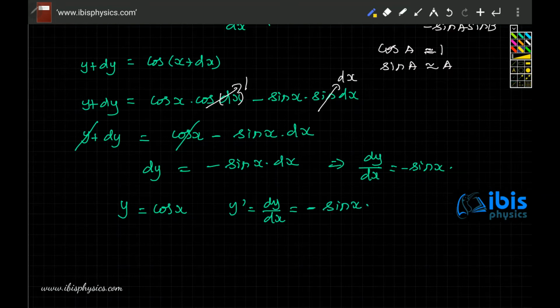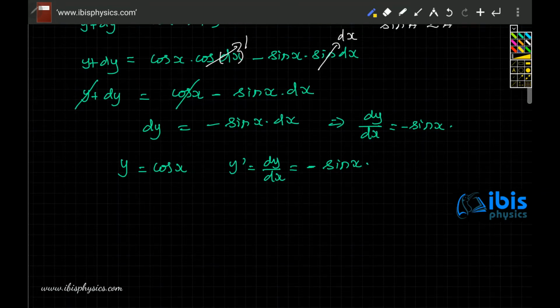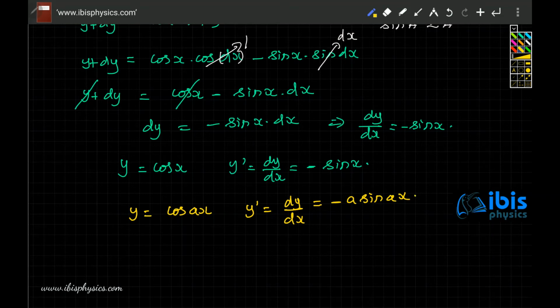We can also prove the other thing, that if y equal to cos ax, y dash, or dy by dx is equal to minus a sin ax. So how do we do that? So let us try to solve that also here.